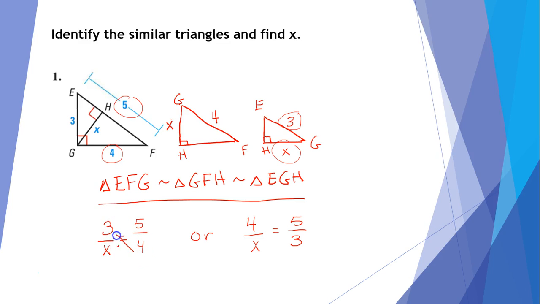So cross multiply, we get 12 equals 5x. And here again, we get 12 equals 5x. So x in both cases is going to be 12 over 5.